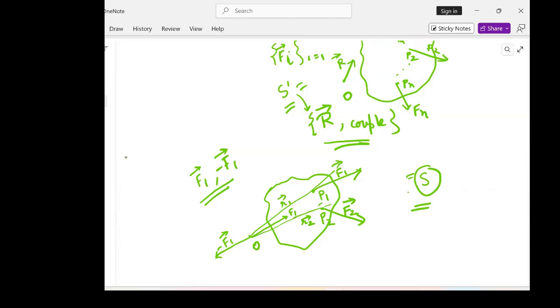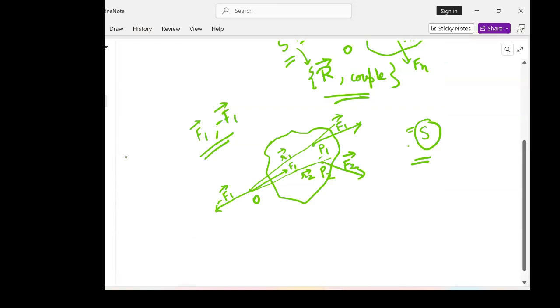But now let us see how we can use these two inserted forces for our purpose. You see the force minus F1 at O and the force F1 at P1 are again two forces opposite in direction and equal in magnitude, but they are not collinear.